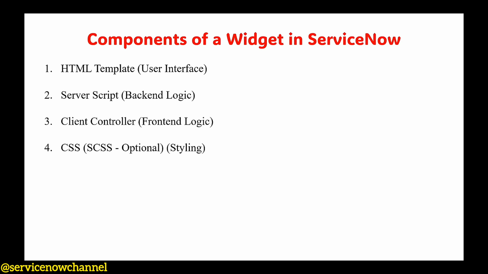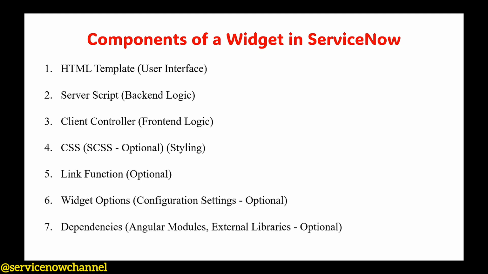CSS we know, right? CSS is used for styling, so CSS is also a component of the widget. And we have the link function, widget option, and dependencies. We will see them one by one: how each is used, some examples, and how they look in the view.